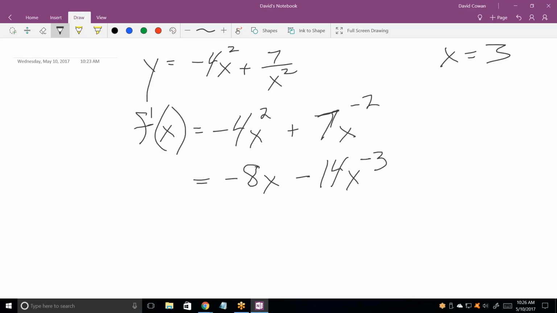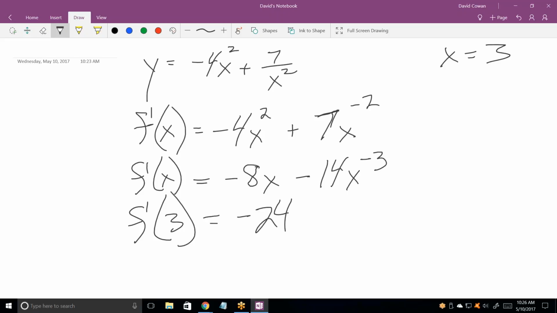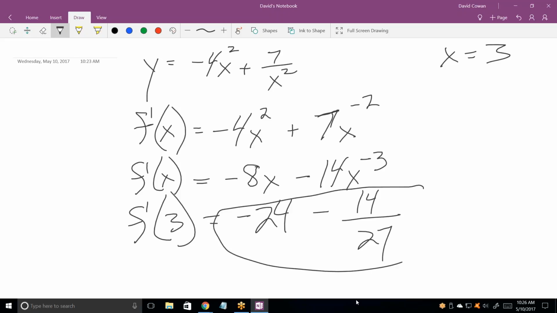Now, if that's f prime of x, what's f prime of 3? You just plug 3 in, so then it would be minus 24 minus 14 over 27. I don't know what kind of answers you're looking at there. Like negative 634 over 27.